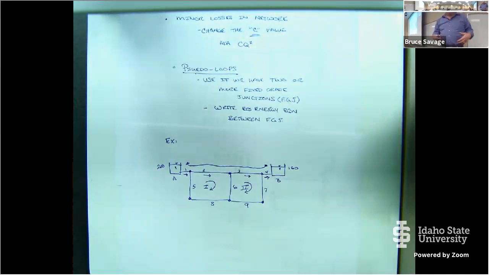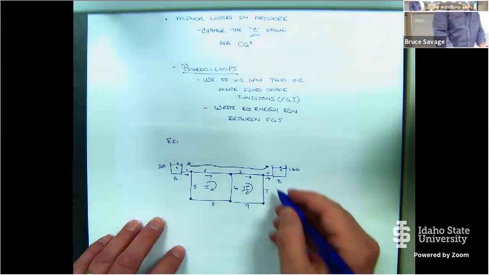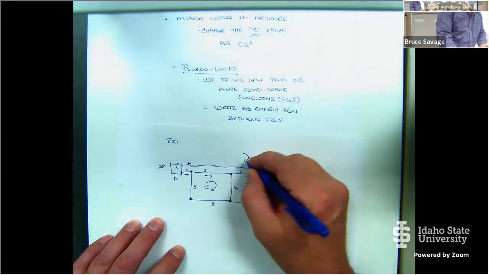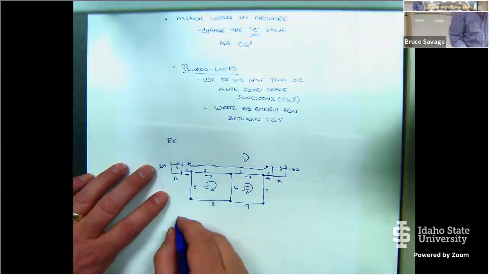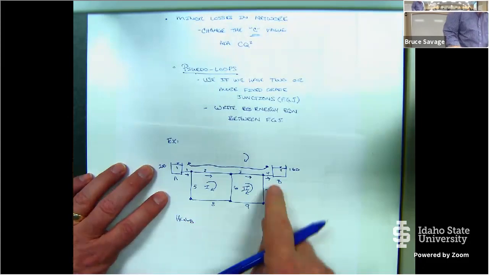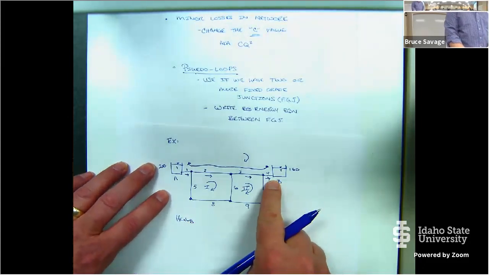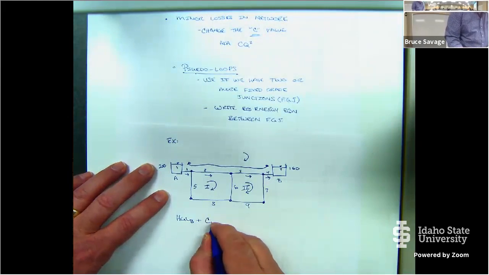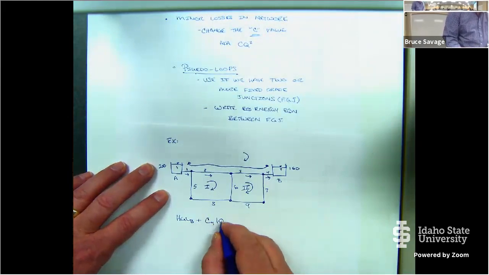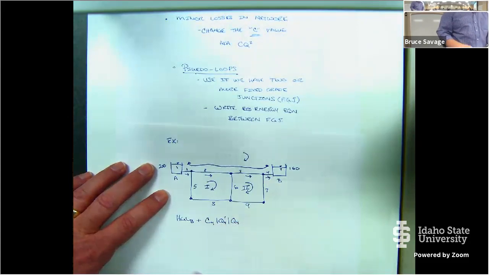Okay. But now I'm going to use the same logic that I use for loops. If I'm going to do this clockwise rotation for my pseudo loop, I would start off at the hydraulic grade line at B, and I'm going against the flow. So it would be plus C sub 4 times the absolute value of Q sub 4 prime times Q sub 4, or Q sub 4 squared, right?